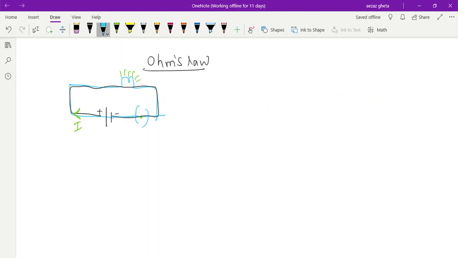Okay, right. You know that, for example, I have a torch here, and in this torch I placed a cell. Similarly, another cell is there.